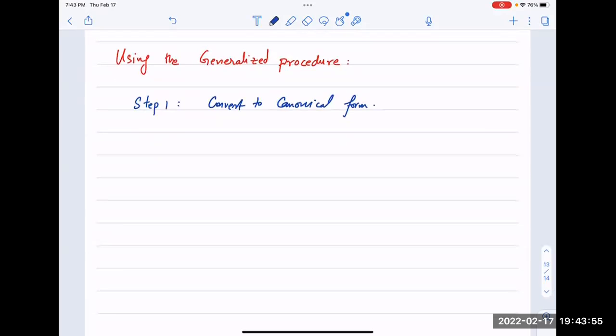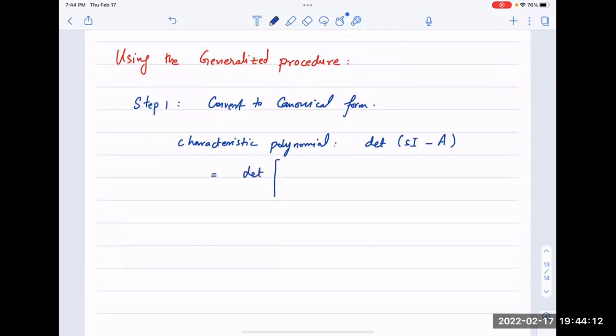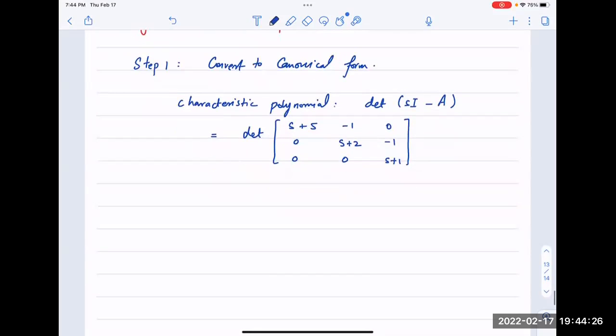So for canonical form, we start off with the characteristic polynomial, which is the determinant of sI minus A, which is equivalent to the determinant of the matrix with rows s plus 5, minus 1, 0; 0, s plus 2, minus 1; 0, 0, s plus 1. If you have this, then this turns out to be s cubed plus 8s squared plus 17s plus 10.